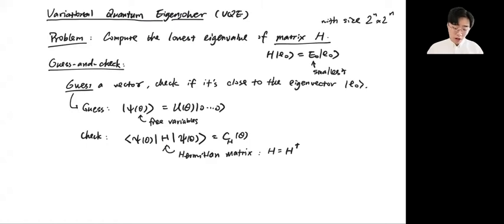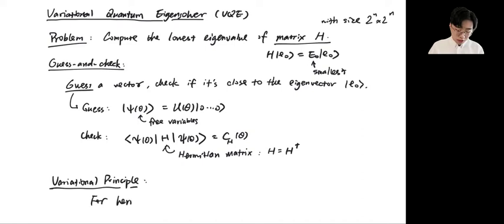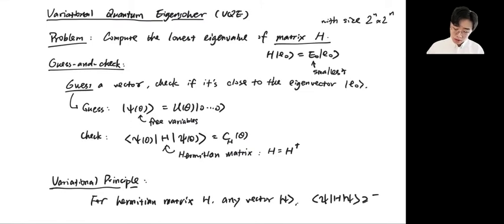Now, how does this help us find the lowest eigenvalue of the matrix H? Well, we have this really nice variational principle that states that for a Hermitian matrix H, any vector psi will always have psi H psi larger than or equal to the lowest eigenvalue of H, E sub 0.